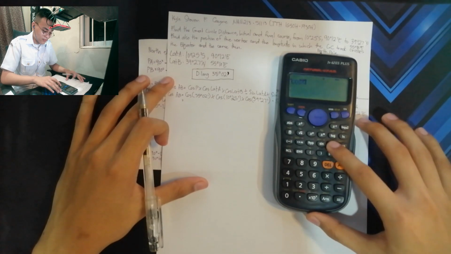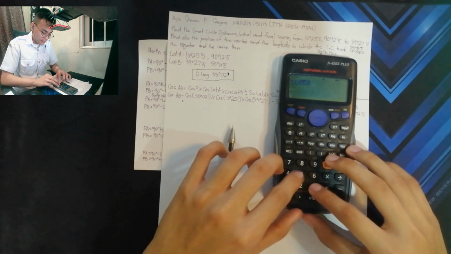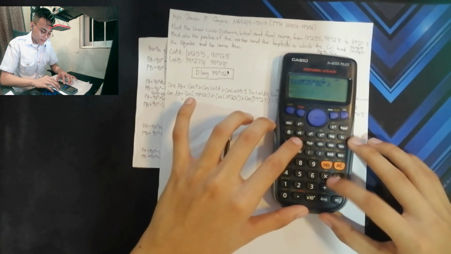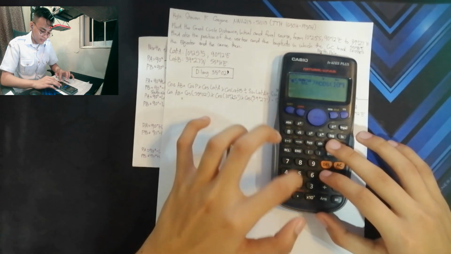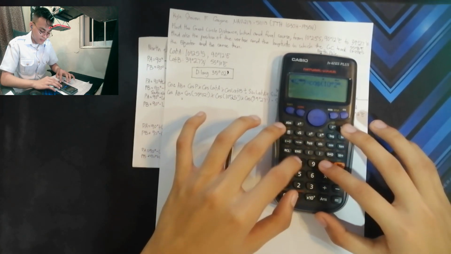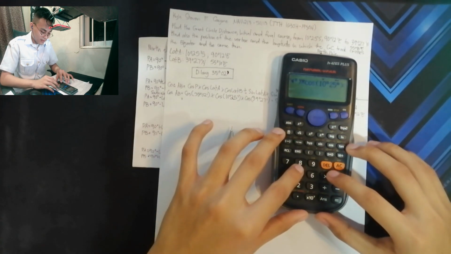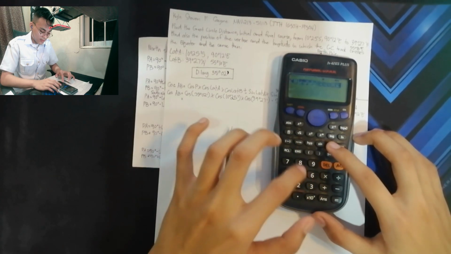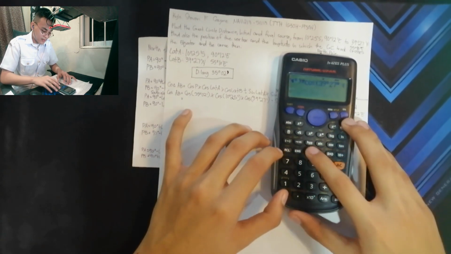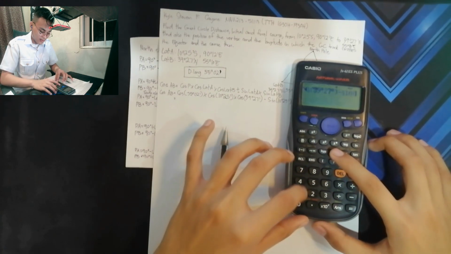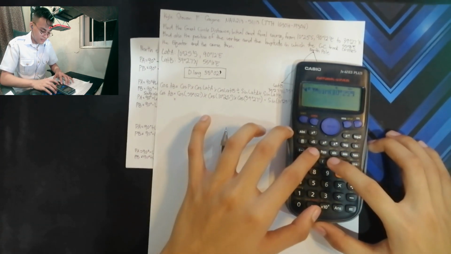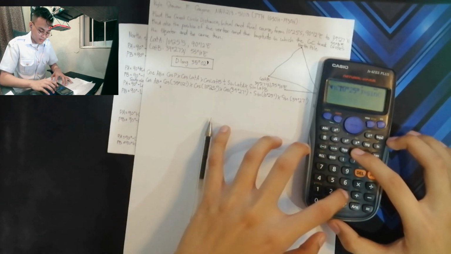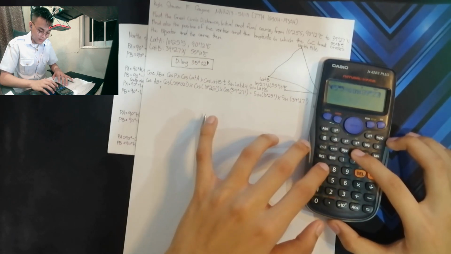Here you will input this to your calculator. Cosine 35 degrees 02 minutes times cosine 10 degrees 25 minutes, and then times cosine 39 degrees 27 minutes, then minus sine 10 degrees 25 minutes times sine 39 degrees 27 minutes.